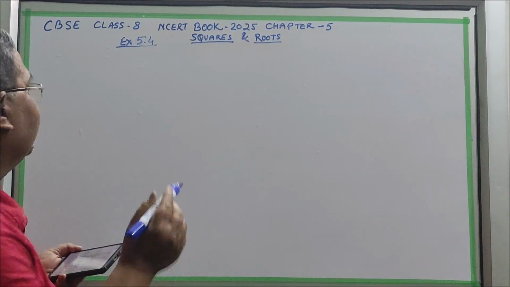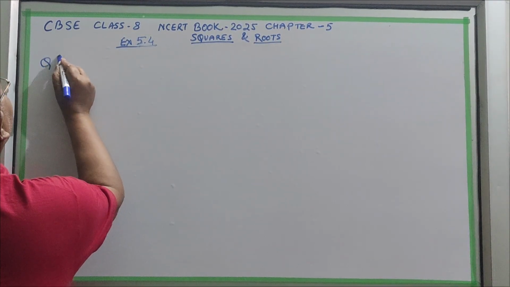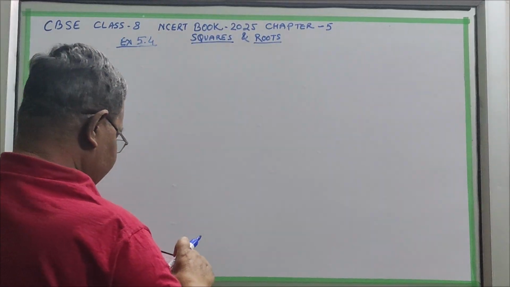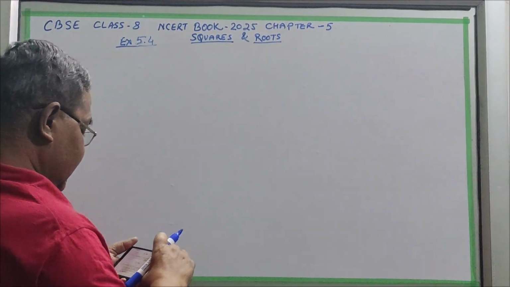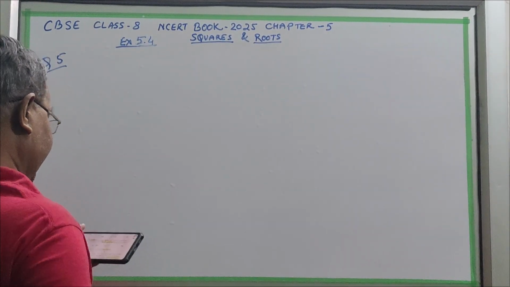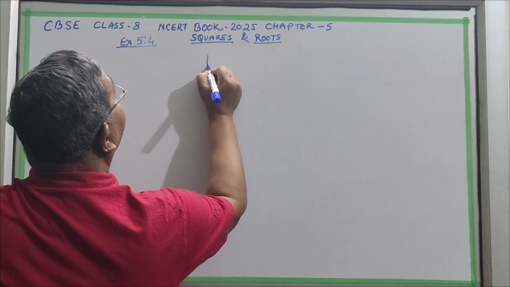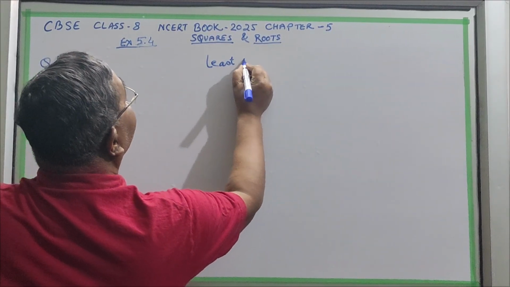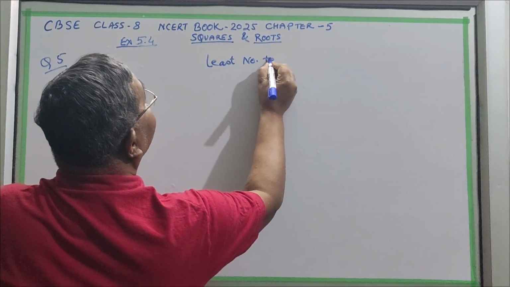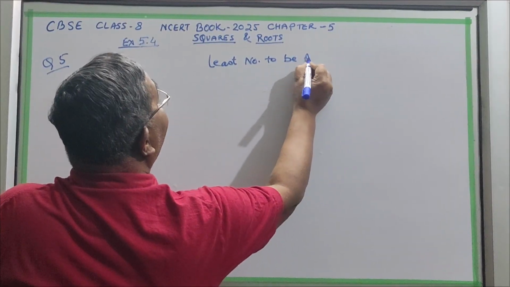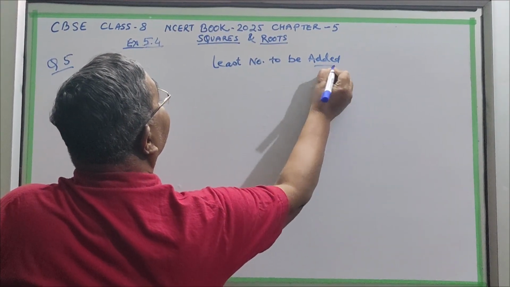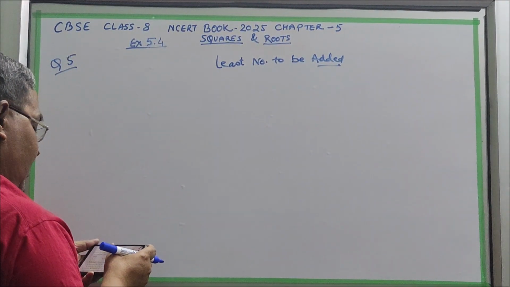Question number 5. Okay, the least number should be added. Here least number to be added, not subtracted, to be added. Here they are asking to be added to make it a perfect square.